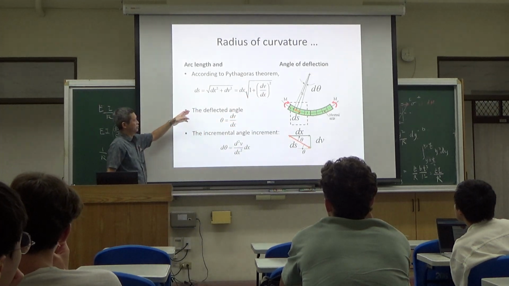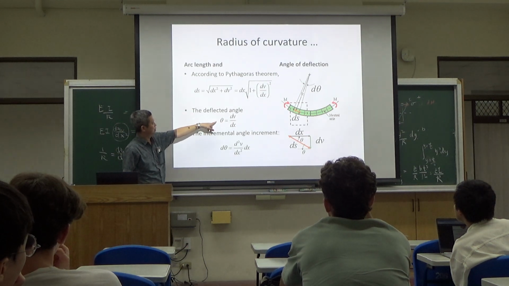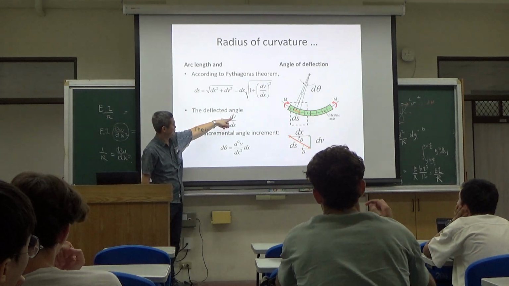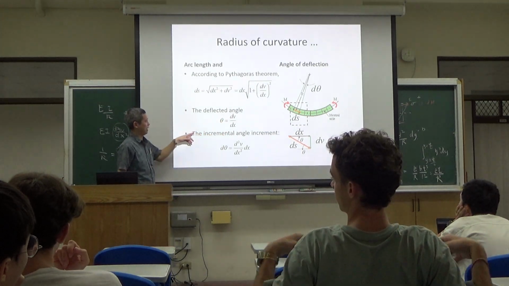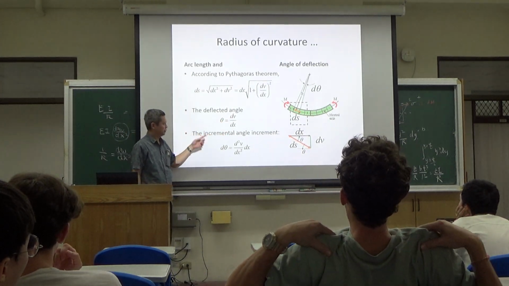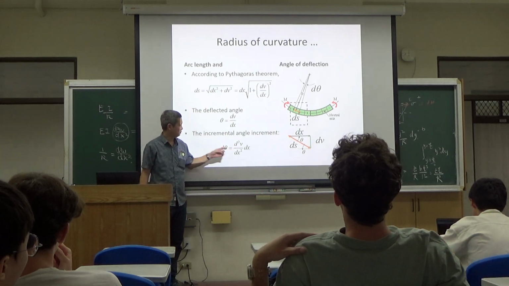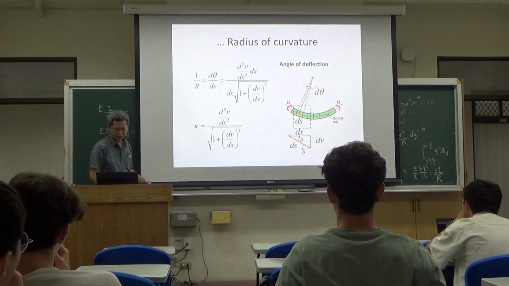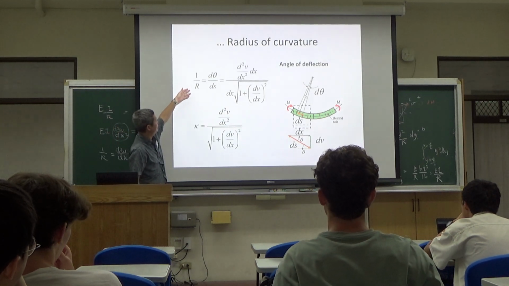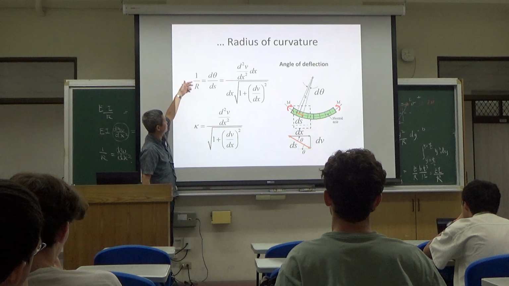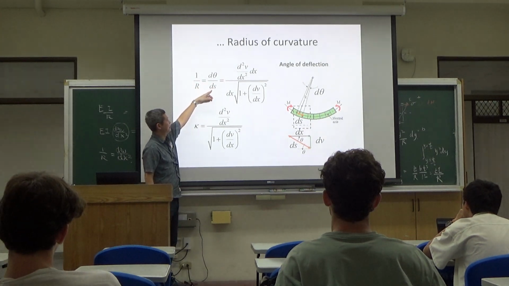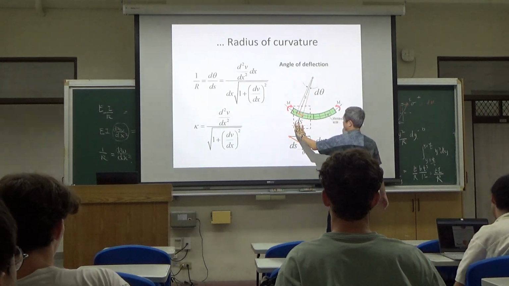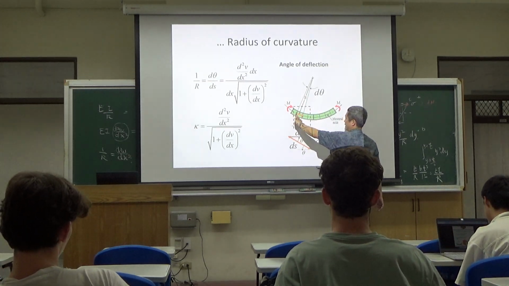So the deflected angle, if you check, is the gradient change, that is dv/dx, and the angular change will then be the second order derivative of the vertical displacement. So how do we find the radius? The inverse of the radius is d theta over ds, that is the small angular change divided by the small arc length.